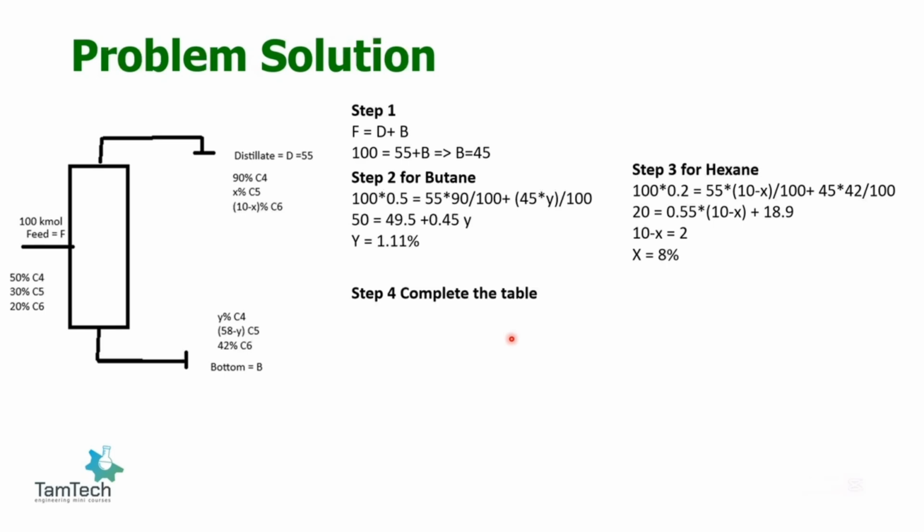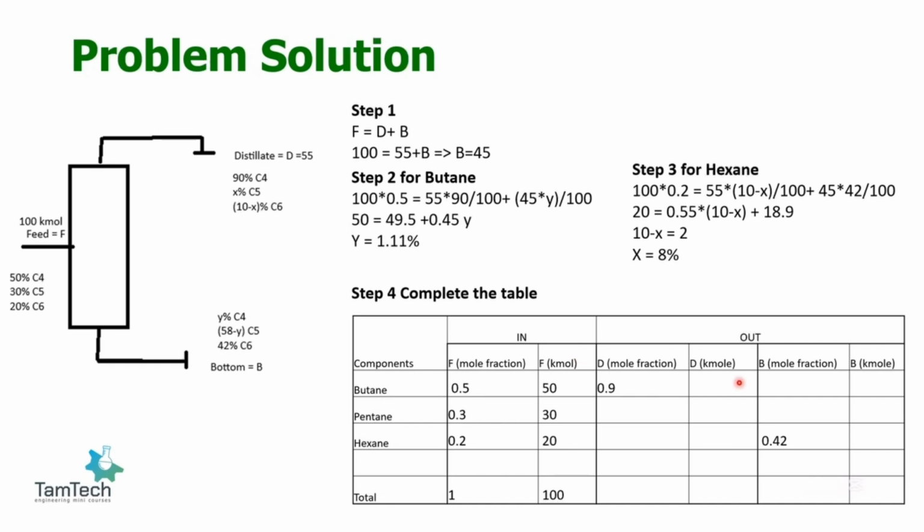So step 4 is to complete the table. I already found Y, which is the composition of C4. I found X, which is the percentage for C5 in the distillate, so I can easily follow the next step and complete the table. You see, I put the whole table here and wrote all known variables that were given in the problem statement.